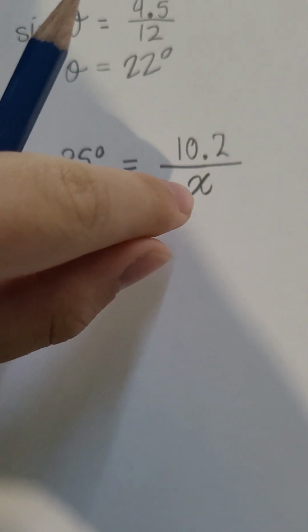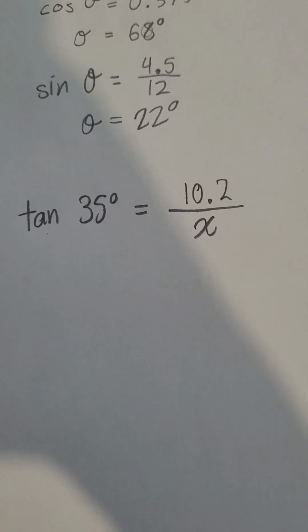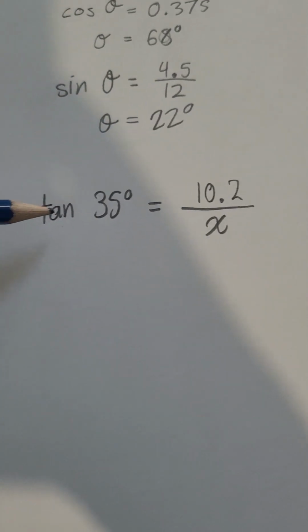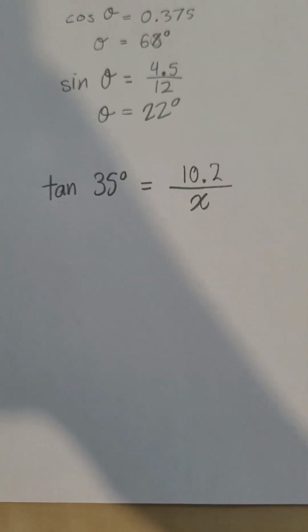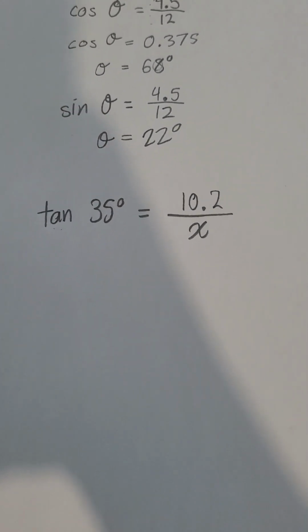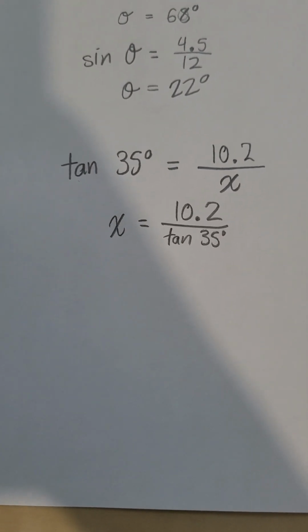And now we're actually solving for x rather than theta. So if we want to rearrange this equation, you could do it on your own, but basically you're going to be multiplying both sides by x and then dividing both sides by tan of 35. So really quick, I'll just show what the rearranged equation looks like. And here we have it, x isolated on one side.